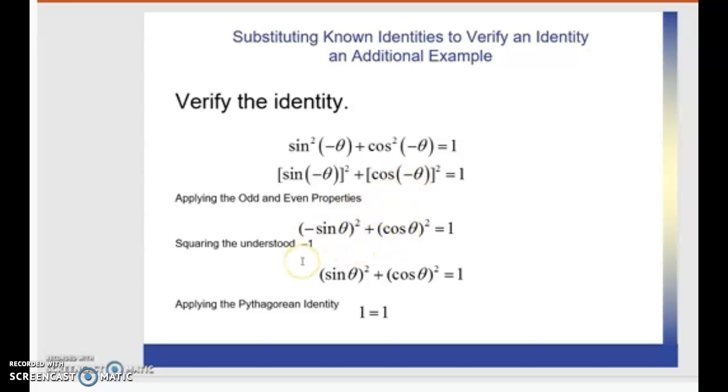Now squaring, if we square the understood -1, it is inside the parenthesis with an exponent of 2 on the outside, we get a positive understood 1, leaving us with sine squared theta plus cosine squared theta on the left-hand side. That is a Pythagorean identity equal to 1. So once again, we have made the left-hand side of the equation equal to the right-hand side, so another verified identity.